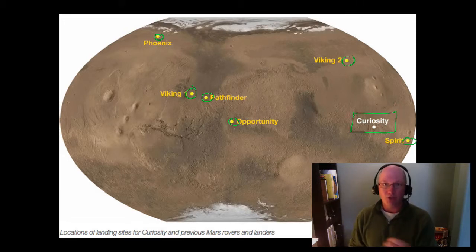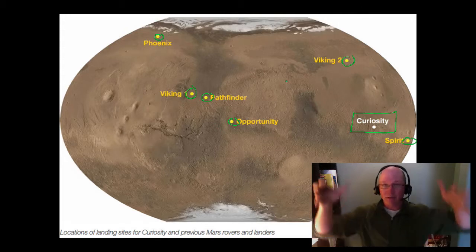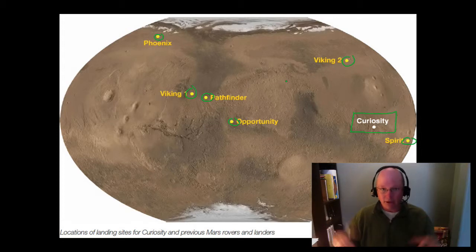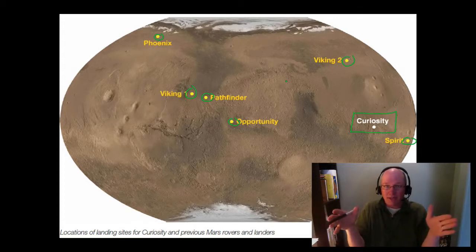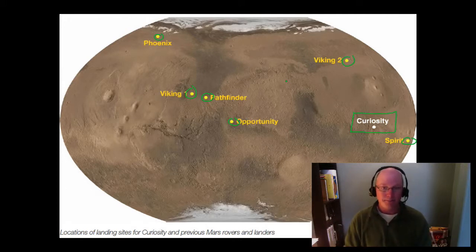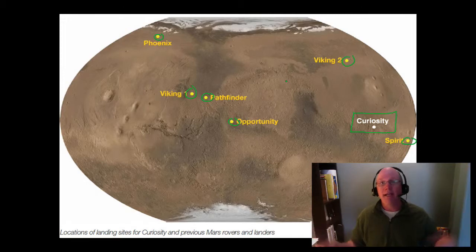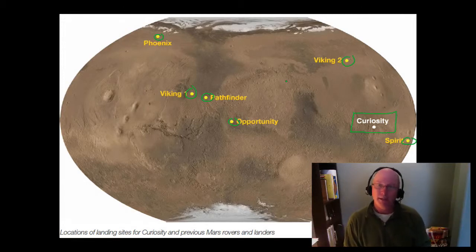To give you sort of the perspective of how these things went, Viking 1 and 2 were landers that just came down to the surface and landed on the surface. Phoenix was a lander. Pathfinder was a little microwave-sized robot that was more or less autonomous, could drive itself around. Opportunity and Spirit were about the size of a golf cart, and they drove themselves around much more autonomously than the Pathfinder did.